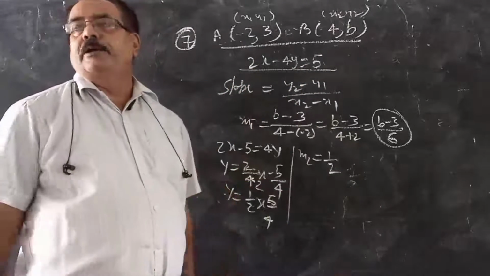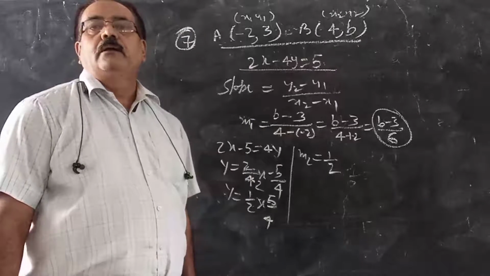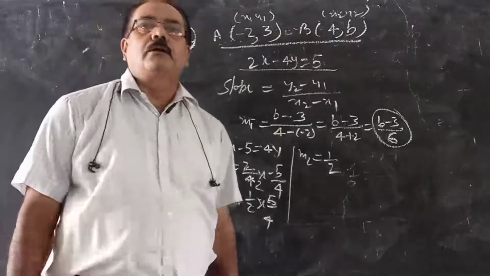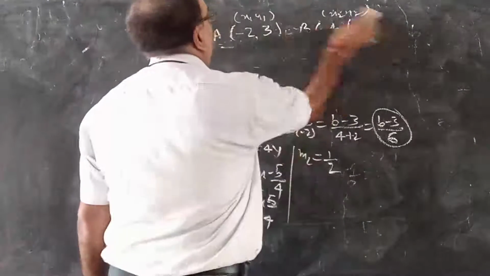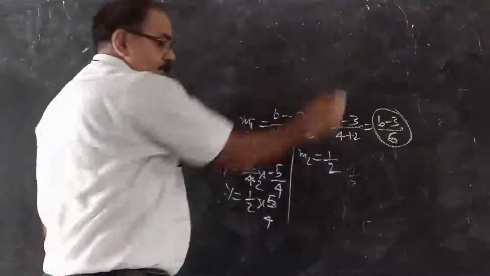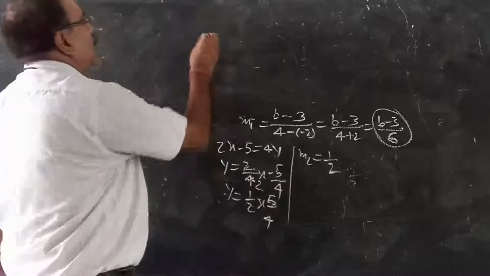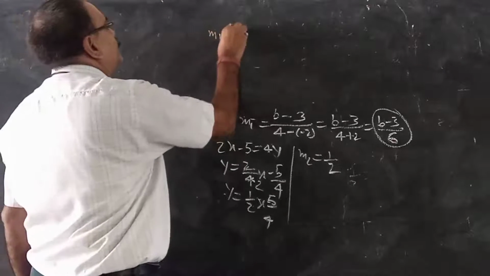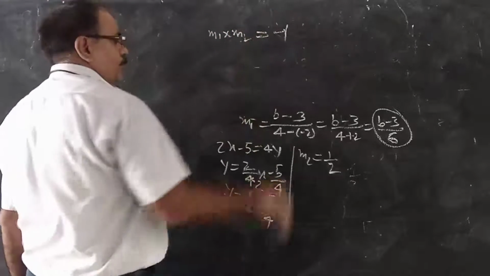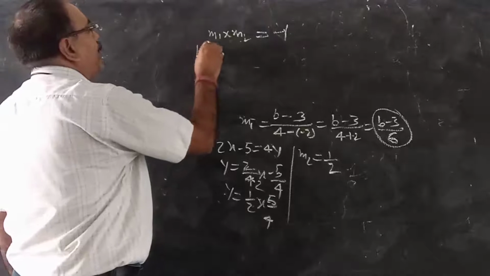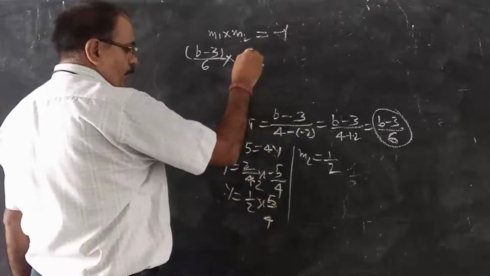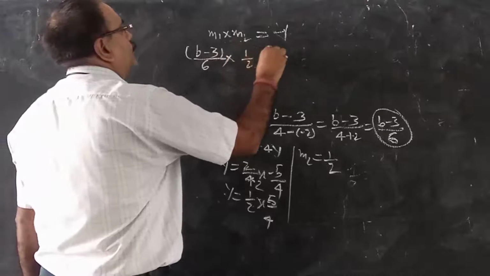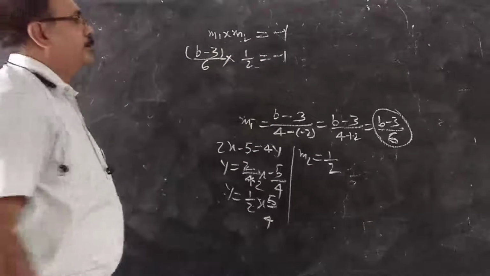It is given perpendicular, and we have to find the value of b. What is the condition for perpendicular? The product of the slopes must be equal to -1. So m1 × m2 = -1. m1 is (b - 3)/6, m2 is 1/2, equal to -1.